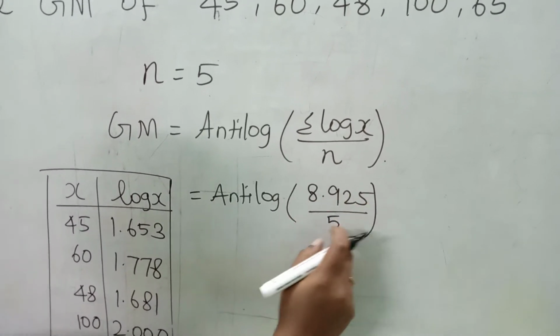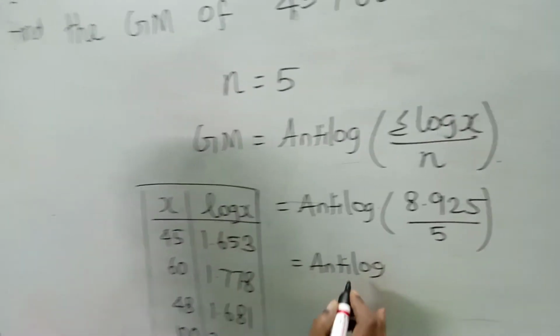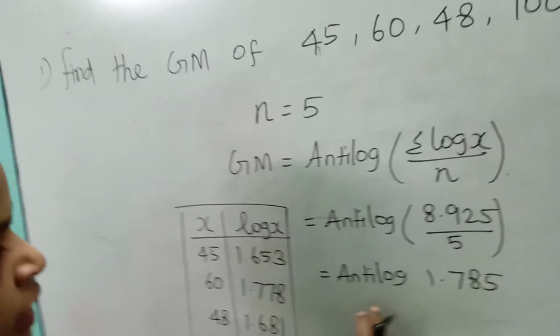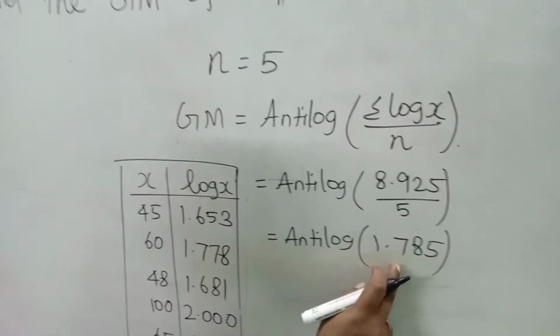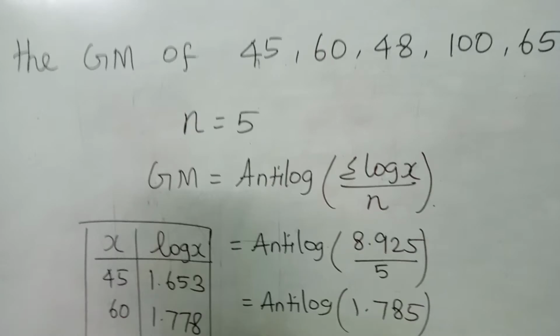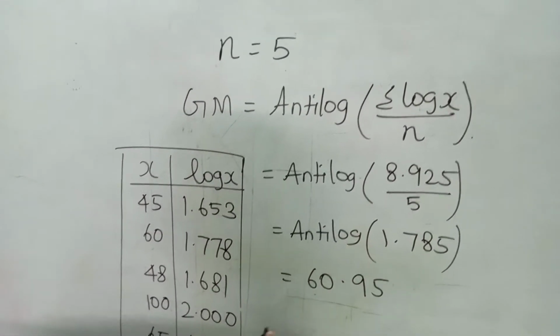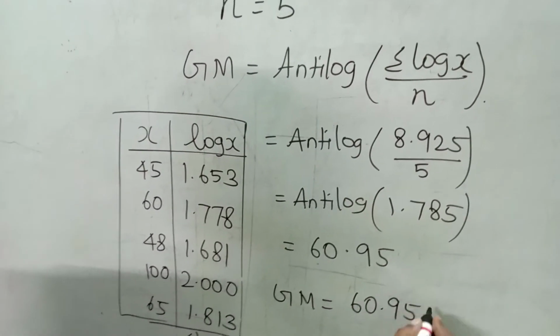Dividing 8.925 by 5, we get 1.785. With the help of the scientific calculator, the antilog of 1.785 is 60.95. Therefore, GM of the individual series is 60.95. This is the answer.